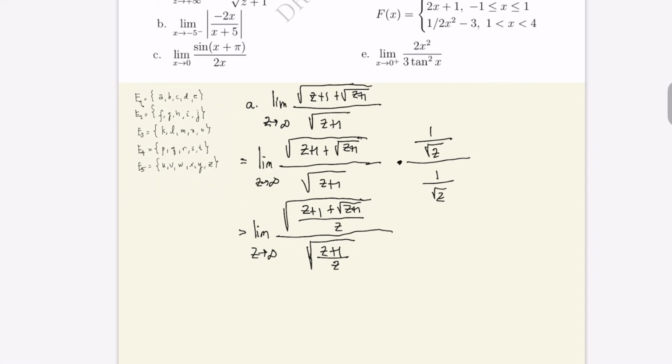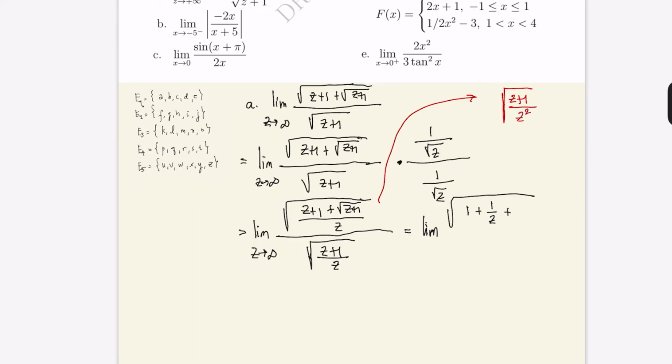So here I will save space. What happens here, guys, is that it cancels. So I have the limit of, this becomes 1, plus 1 over z, plus this, I will make a separate sketch for that. The z plus 1, when z goes inside, becomes square root of z squared.